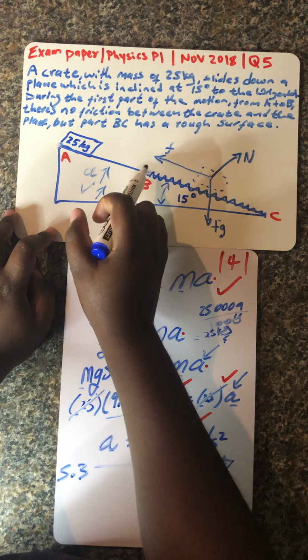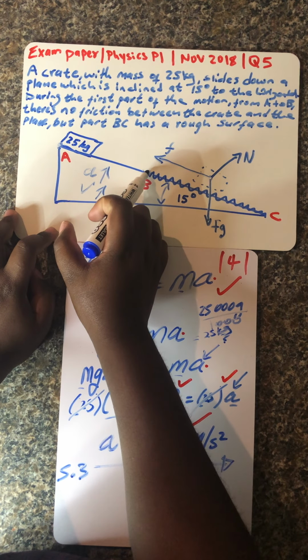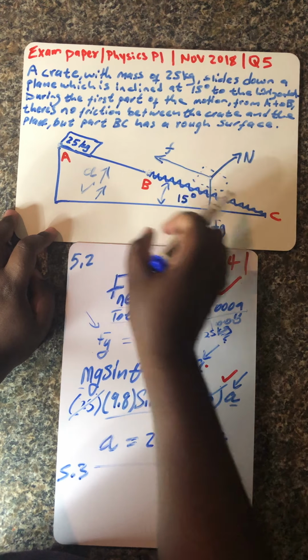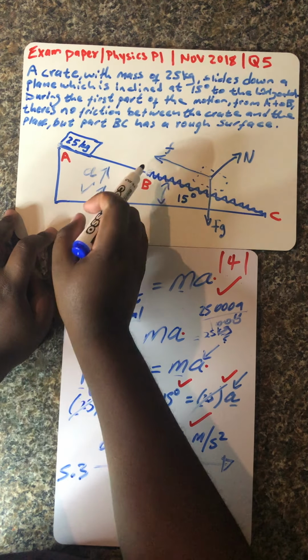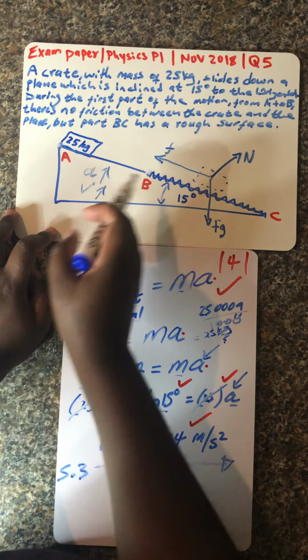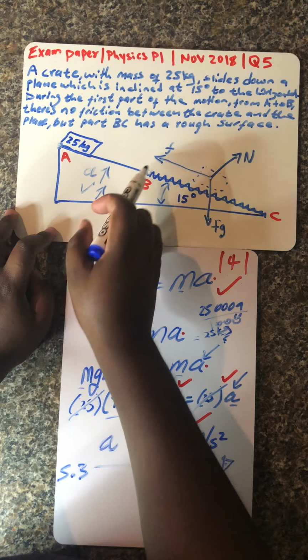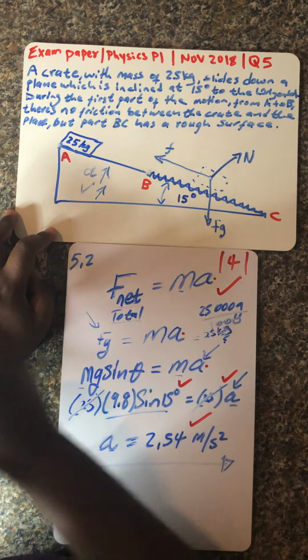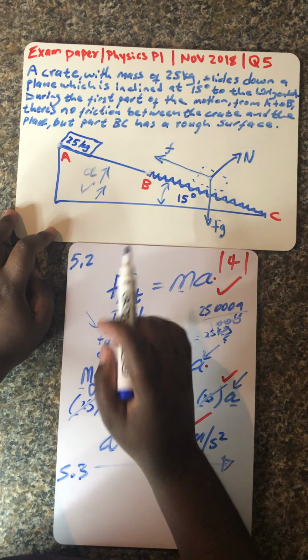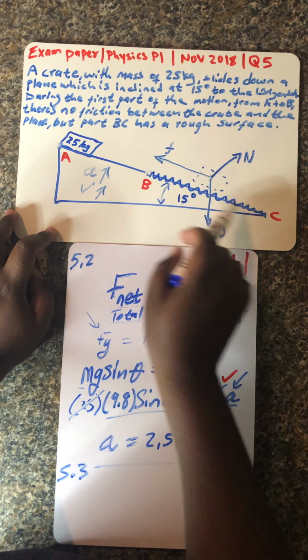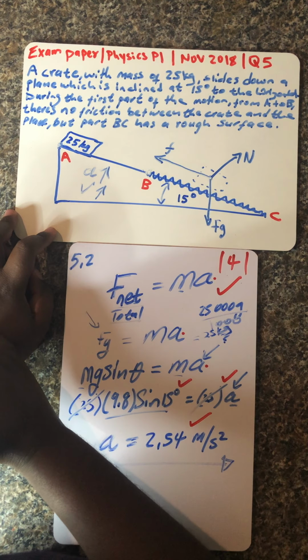So now when this object moves from point B to C, that velocity of 20 meters per second now starts to decrease, guys. Why is it decreasing? Obviously because there's a frictional force. So that's the reason why the speed from there up to there starts to decrease.